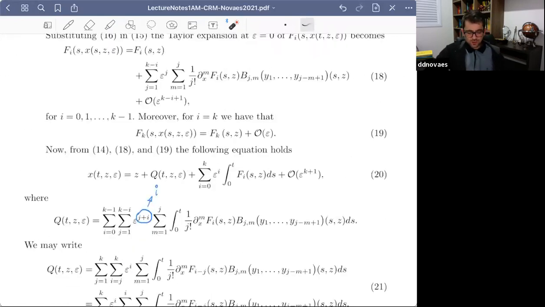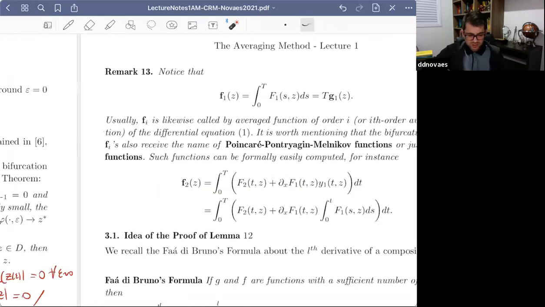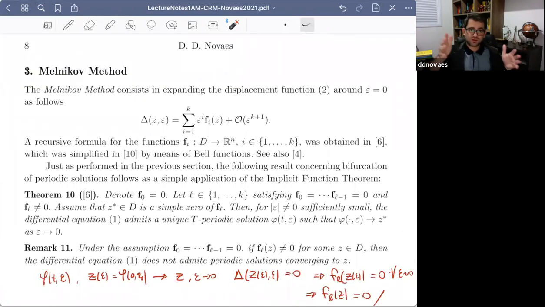Okay, so now what we have is two sequences of functions, g_i's and f_i's. One of them is given by performing transformations of coordinates, the averaging method, and the other one is obtained just by expanding the time t map in power series of epsilon.